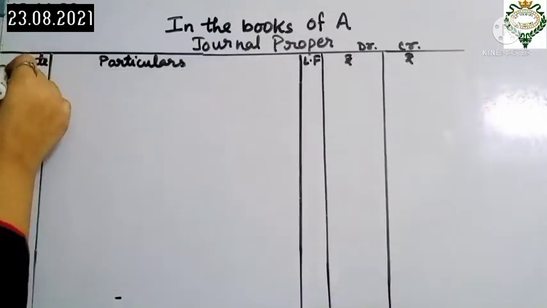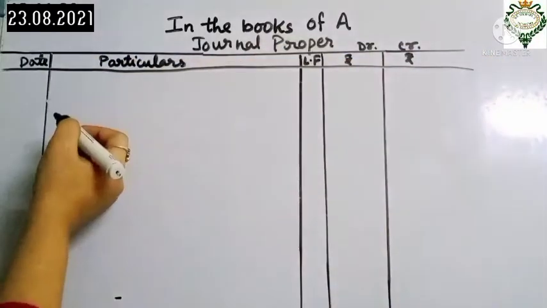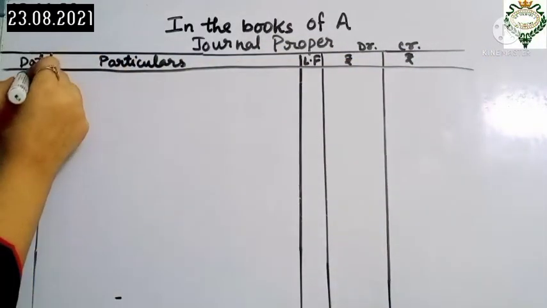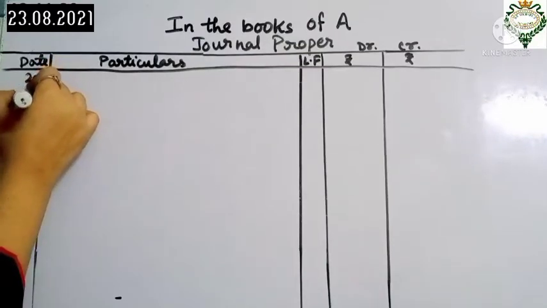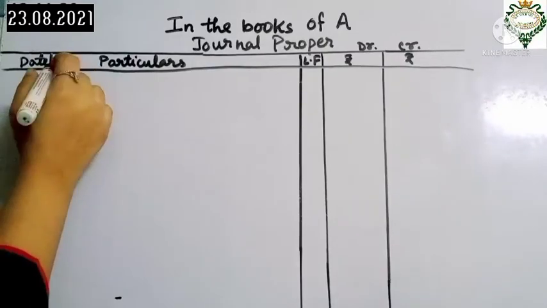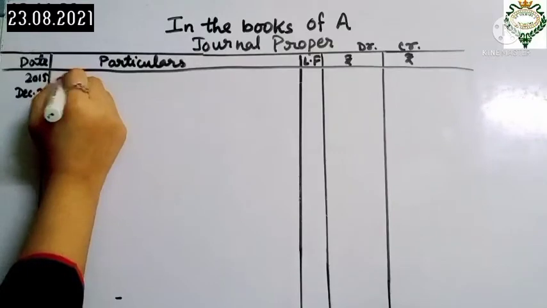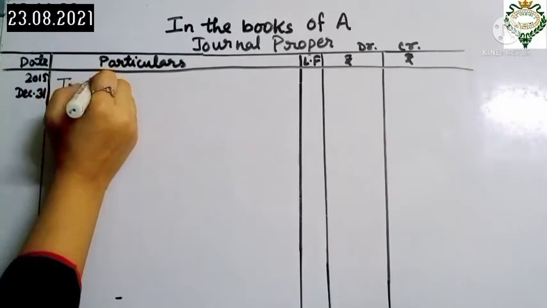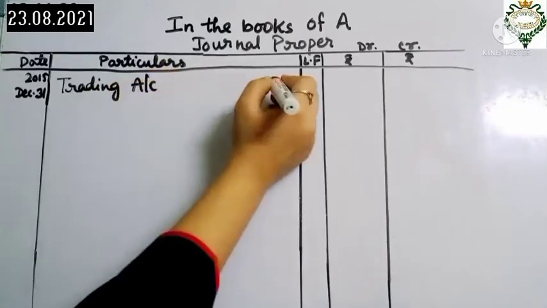We have to make a format like this first. Then write the date, that is 2015, December 31. Then we have to transfer to trading account, so we will write here trading account debit.